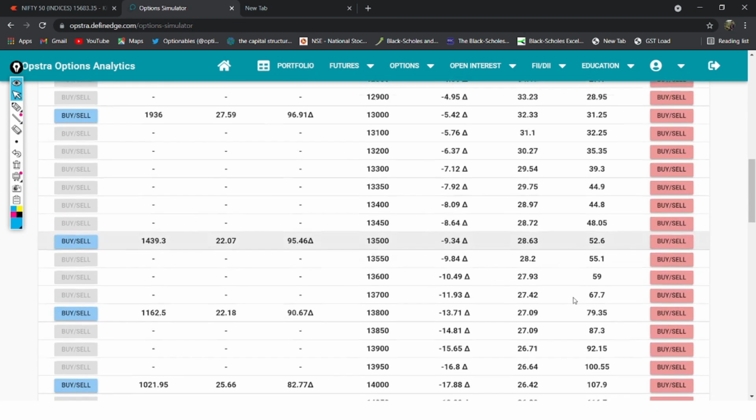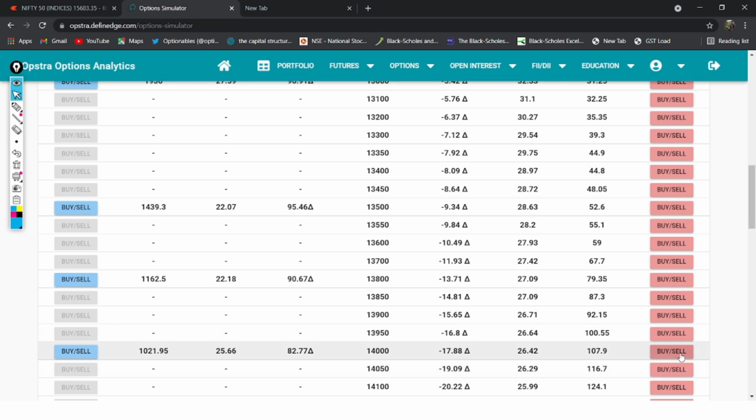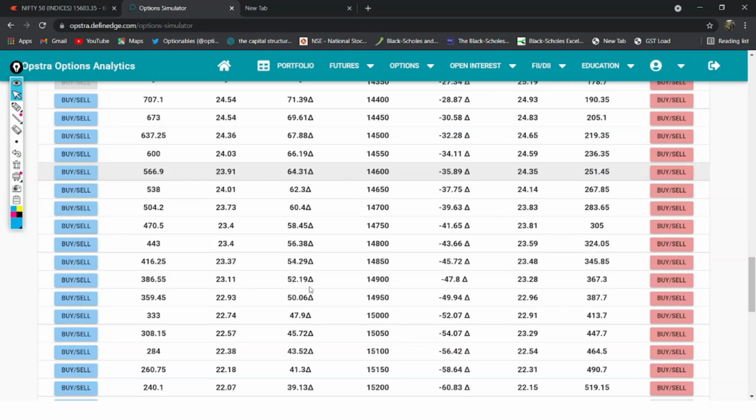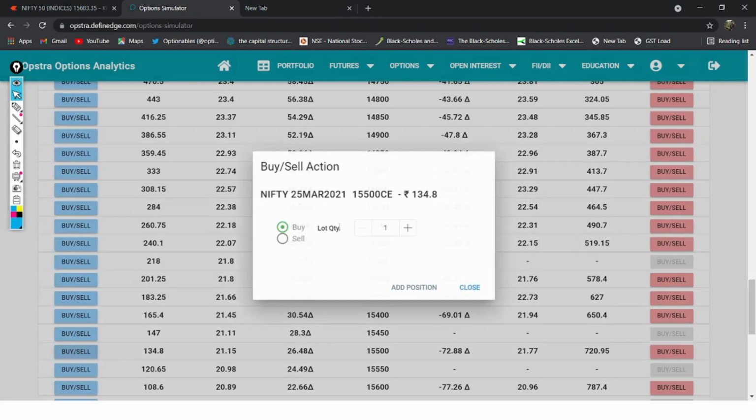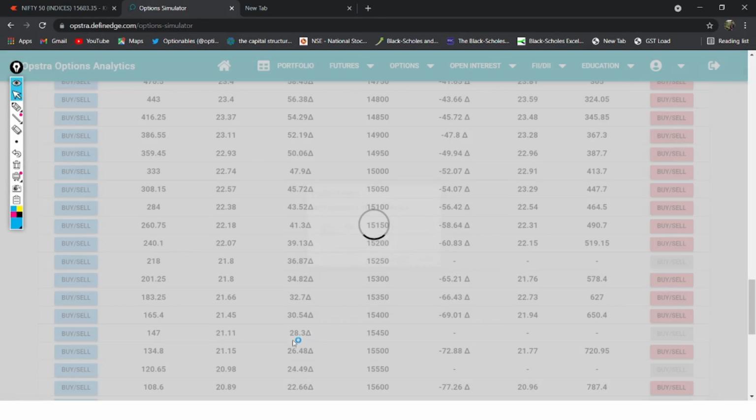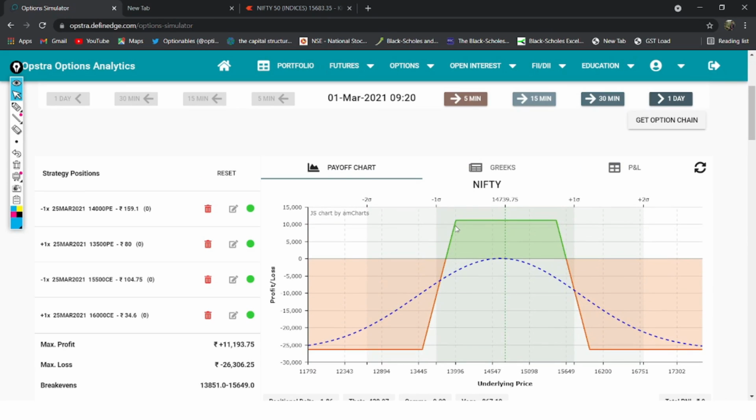So I will go to the March month. I end up shorting 14,000 puts and I buy 13,500 puts. And here I end up shorting 15,500 calls and I end up buying 16,000 calls. So this is my payoff graph, and you can see my break evens. Now I'm just going to move ahead.